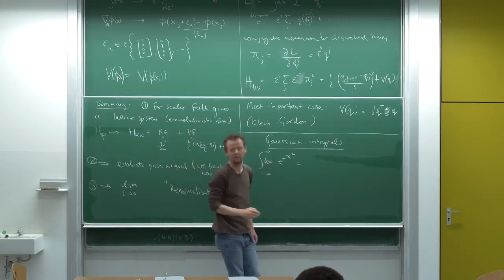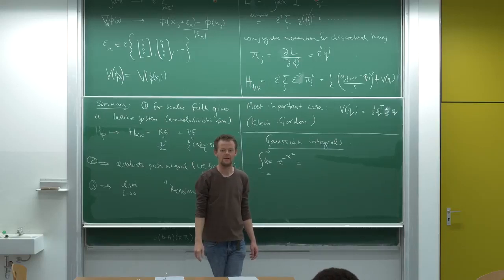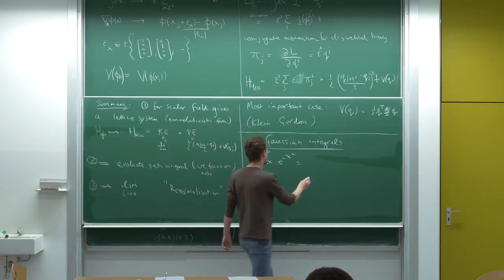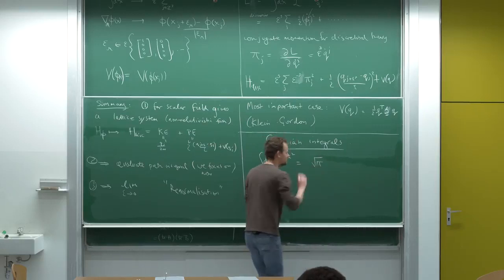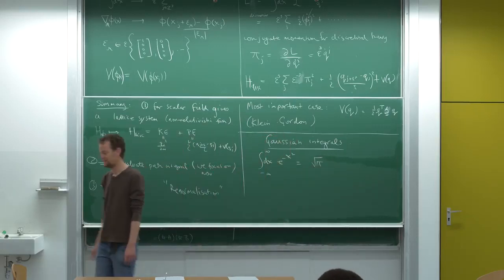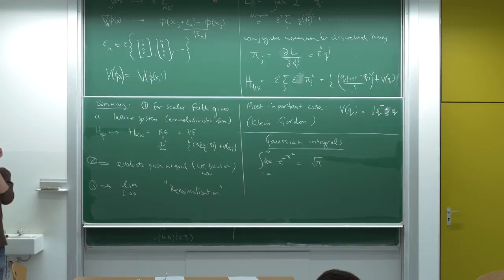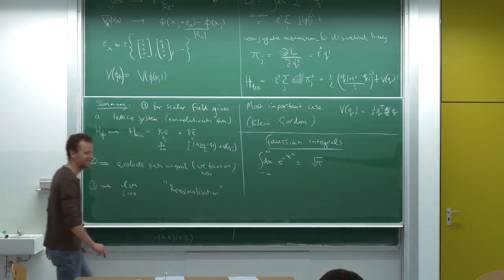Anyone know the answer off by heart? Square root of pi, exactly. Now, I want to see a show of hands. Who remembers the square root of pi? Okay, who remembers how to derive the square root of pi? Yeah, that's not a majority, let me say.